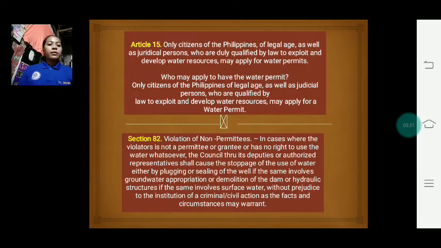And Section 82, Violation by Non-Permittees.